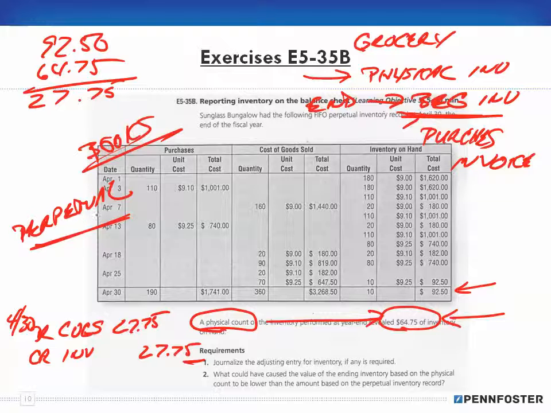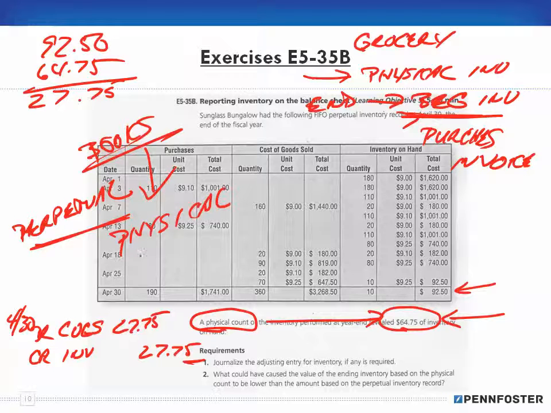But when you're doing perpetual, yes, you're keeping this record on your books, right? But that isn't your physical count. You have to go and do the physical inventory. Boy, I can't even spell, P-H-Y, physical.